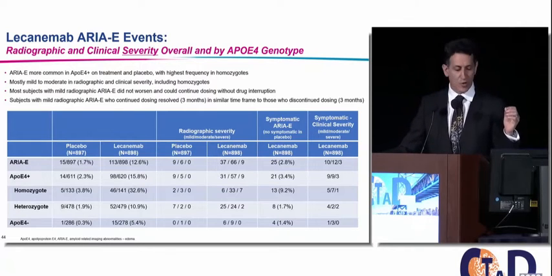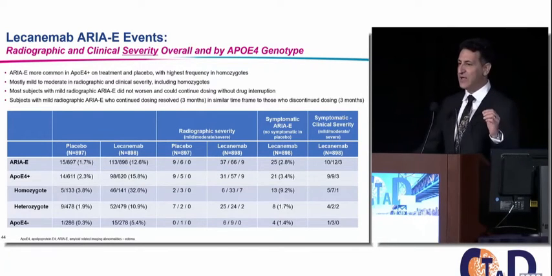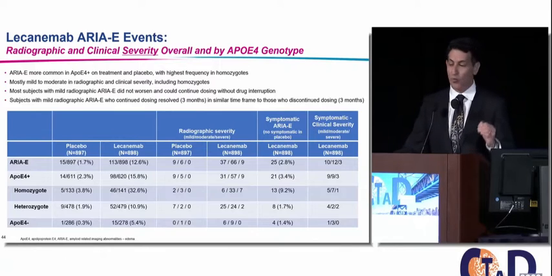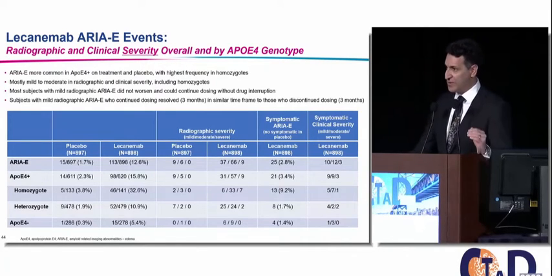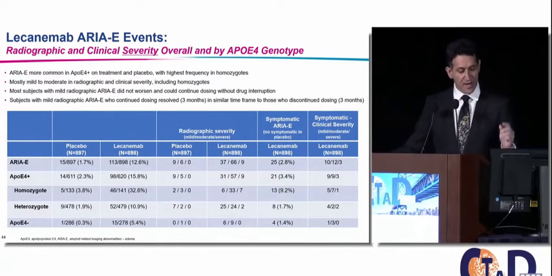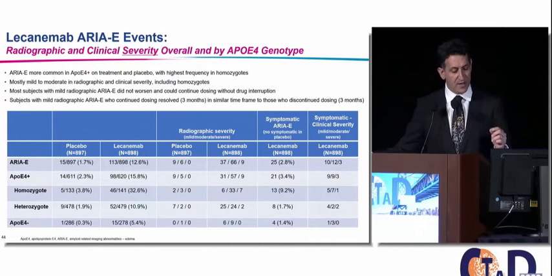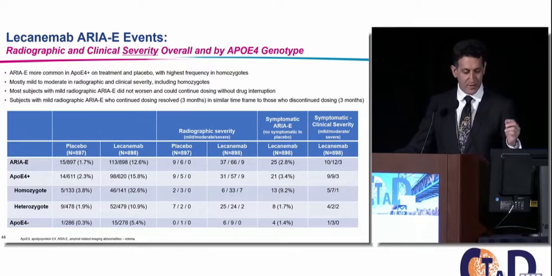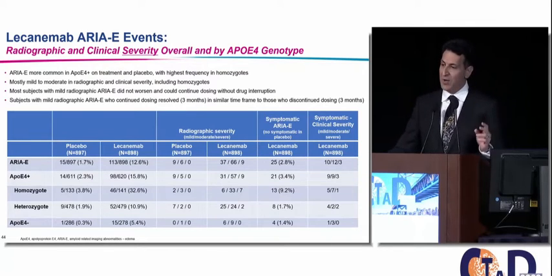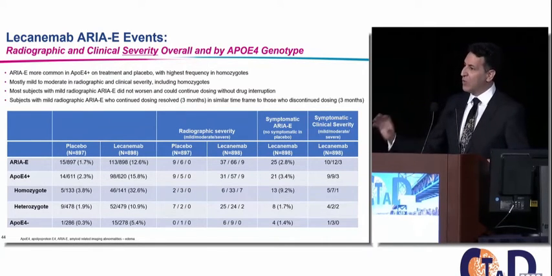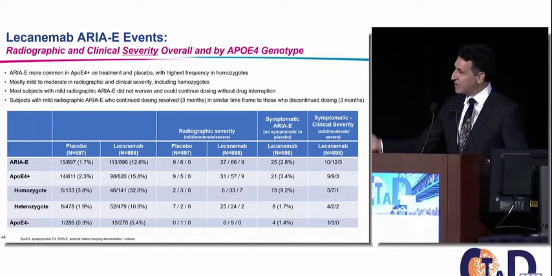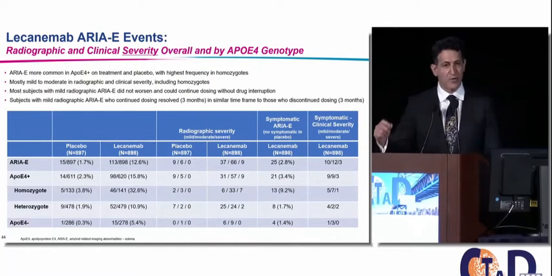That means that the overwhelming majority of the ARIA events were mild or moderate in radiographic severity. And clinically, only 25% were symptomatic, mild to moderate, 10, 12, and 3.